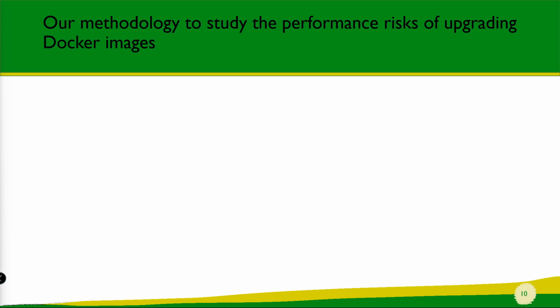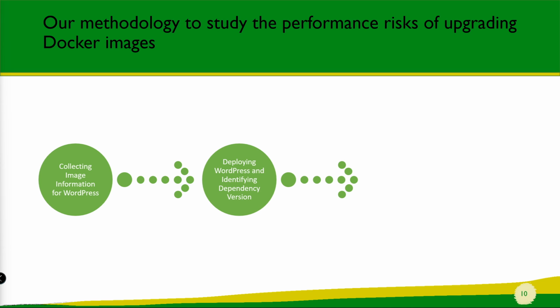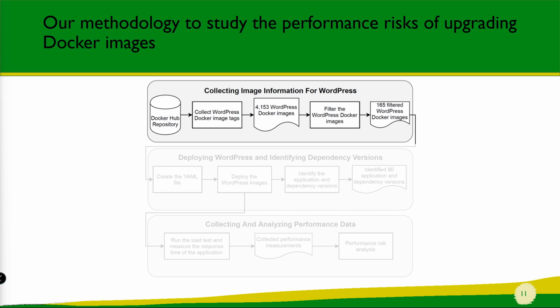Our methodology to study the performance risk of upgrading Docker images includes collecting image information for WordPress, deploying WordPress and identifying dependency versions, collecting and analyzing performance data. To be more specific, in the first stage, for collecting image information for WordPress, we developed a crawler to collect WordPress Docker image tags. We collected 4,153 Docker images for WordPress.